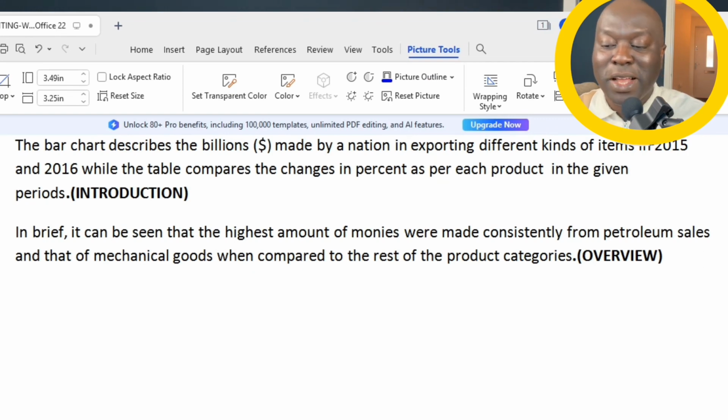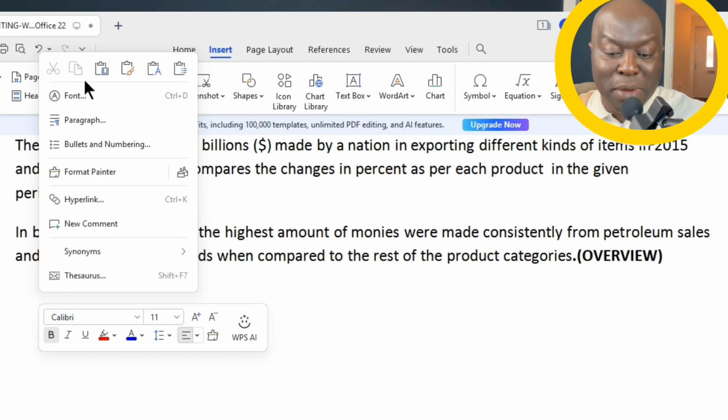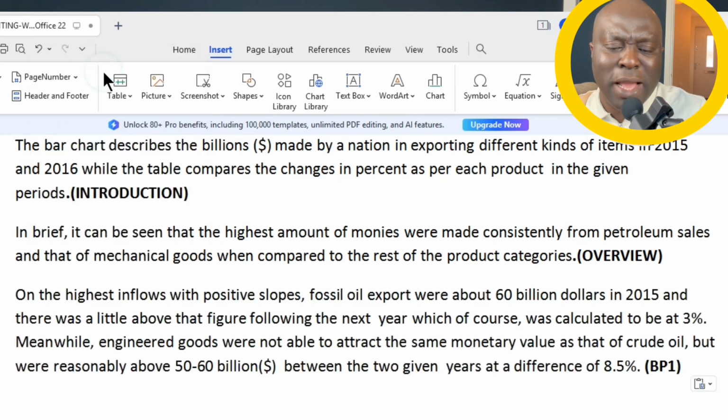I just use anything familiar, as long as it makes the question look familiar to you. IELTS is not difficult. They want you to pass the exam. It's a language, just like you speak your language.